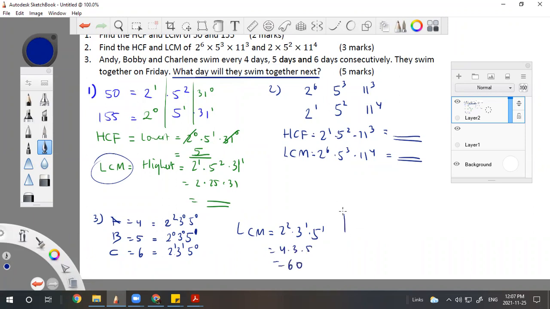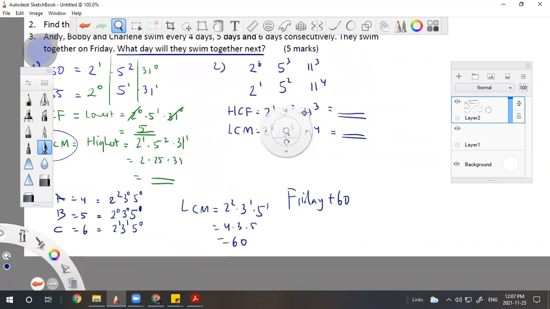So you can calculate Friday plus 60, but it's hard to do. I will give you the easiest way. What is the multiple of Friday? 7, right? Friday to another Friday is 7 days. So I can write Friday plus a multiple of 7 that is near to 60.